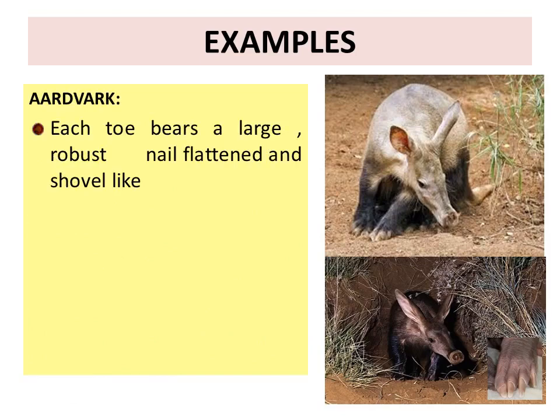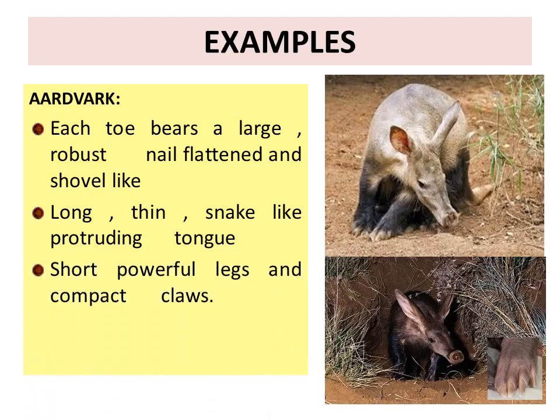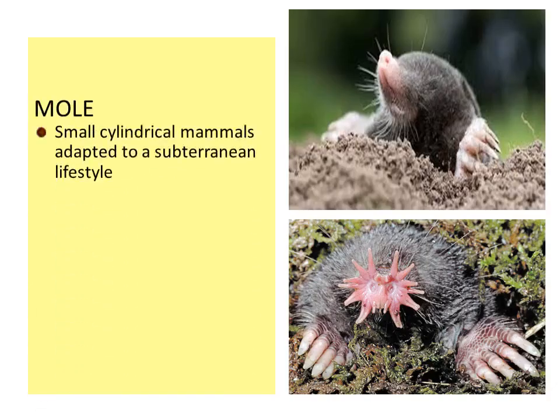Each toe bears a large robust nail, flattened and shovel-like. It has a long thin snake-like protruding tongue, feeding on termites and ants, strong powerful legs and compact claws. Look at the claws of the aardvark in the picture. It emerges from the burrow only in the late afternoon.